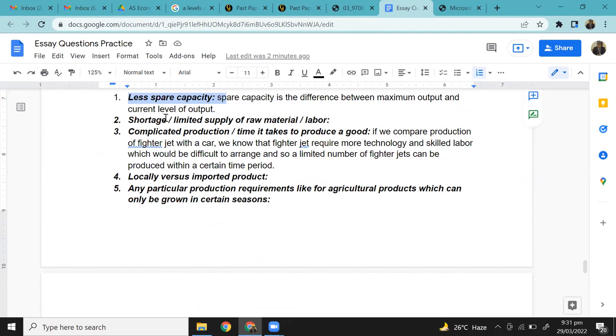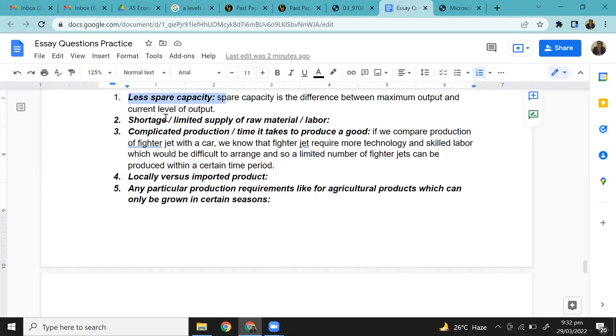Shortage and limited supply of raw material. Now that totally depends on where you are getting the raw material or labor from. Sometimes there is a constraint which you can't work around, right? So if there is a shortage of a certain raw material across Pakistan, or let's say we do not even have that material available locally, we have to import it, and due to some complications it takes longer or we can't import as much as we need, then you can't work around it.